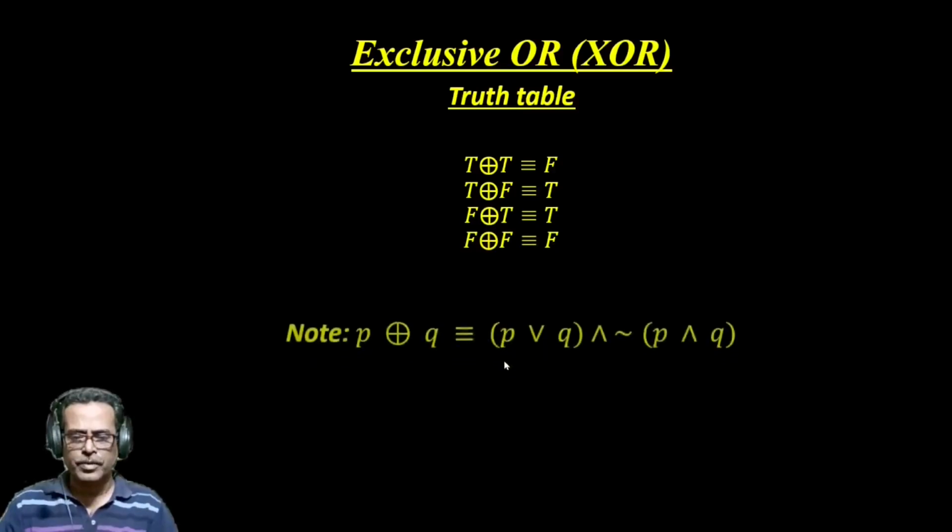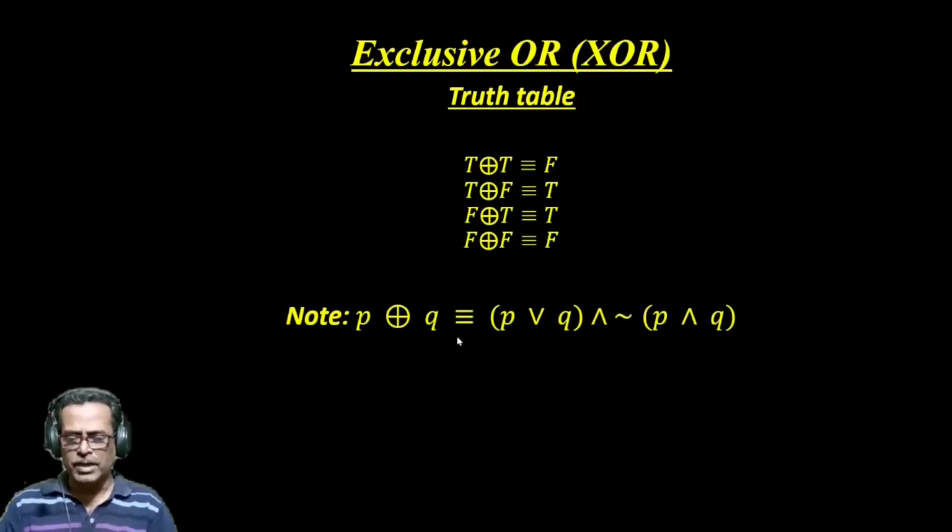Now, note the equivalent statement: P XOR Q is equivalent to (P or Q) and not (P and Q). This will be helpful for simplifying the relation, so you should remember it.